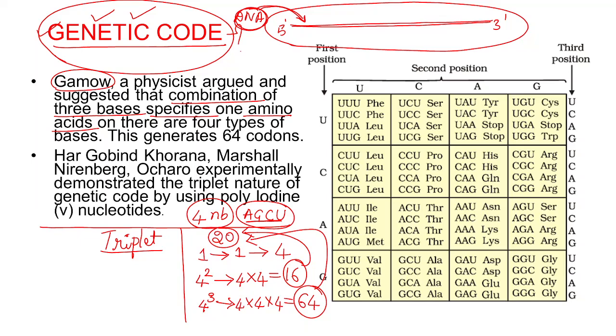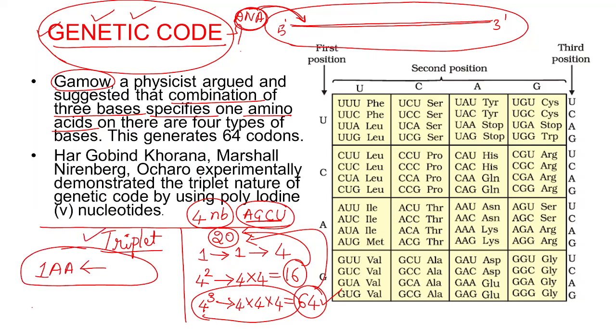Is that clear? But more codons will be produced by the combination of 3 here. Even though more codons are produced, one particular amino acid may be coded by more than one codon. So by means of that condition, we agree that genetic code is triplet.